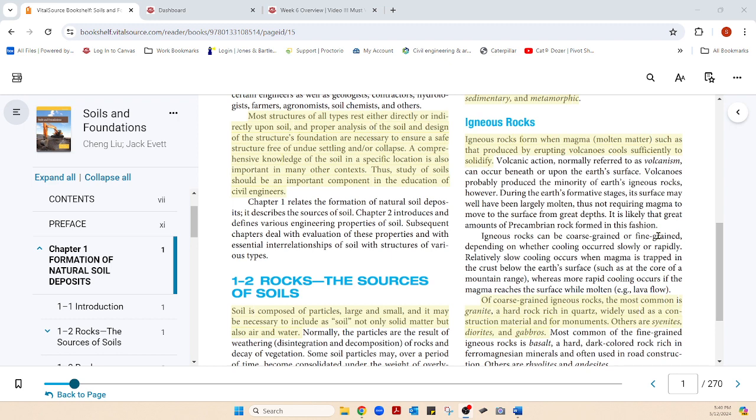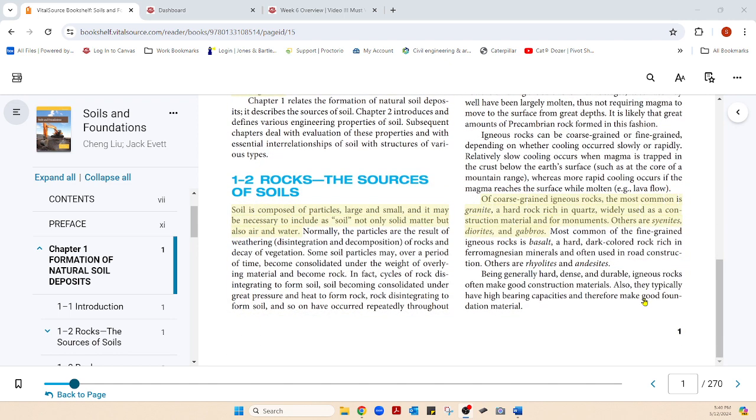That's their composition, either coarse or fine type, depending on whether cooling occurred slowly or rapidly. Relatively slow cooling occurs when the magma is trapped in the crust below the Earth's surface, such as at the core of a mountain range, whereas more rapid cooling occurs when the magma reaches the surface while still in the lava flow stage.